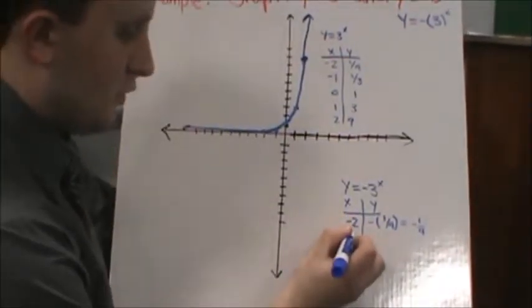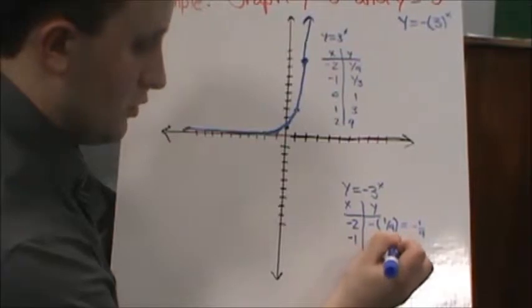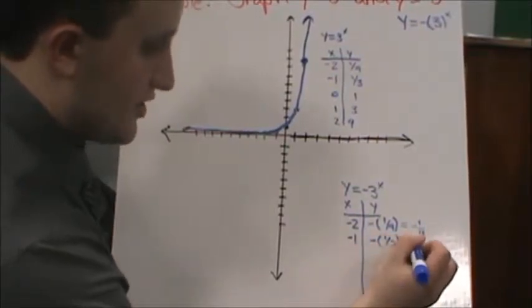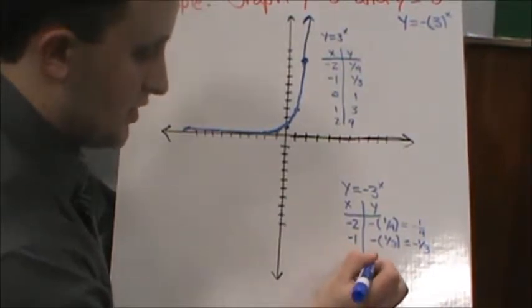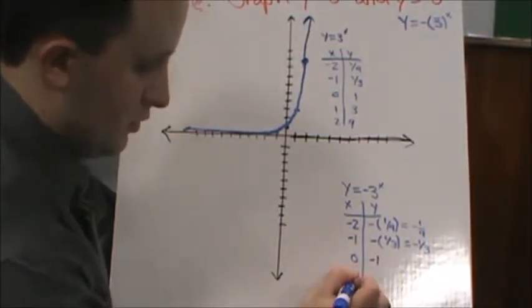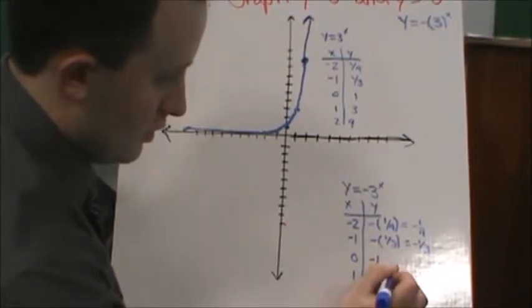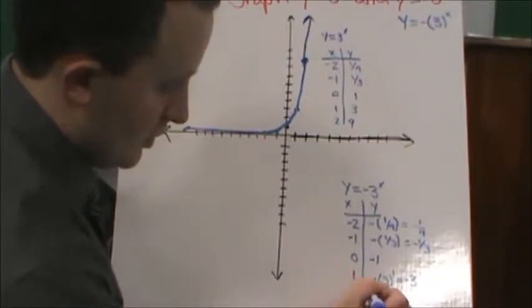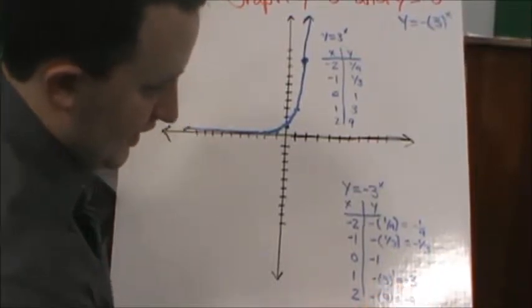If you look at negative 1, it'd be negative 1/3. 0 is going to be a negative 1. 1 is going to be negative 3 to the first, which is just negative 3. 2 is going to be negative 9. Okay?